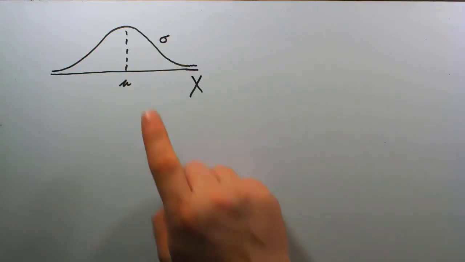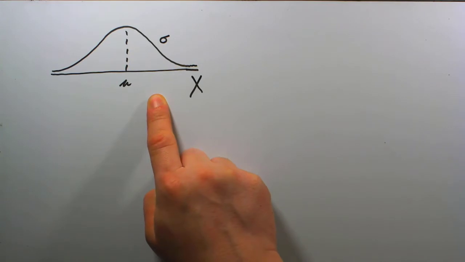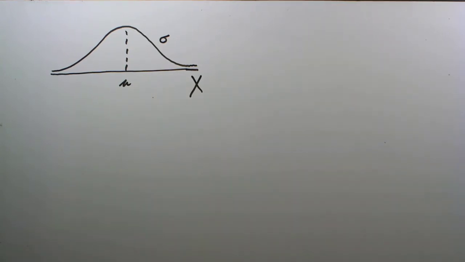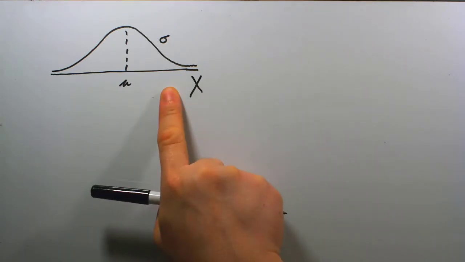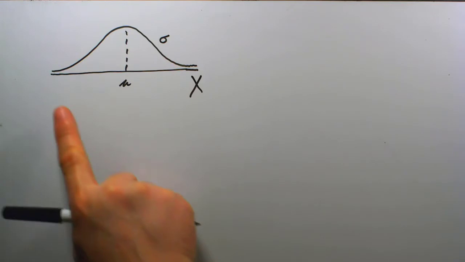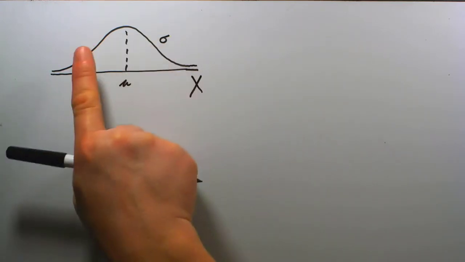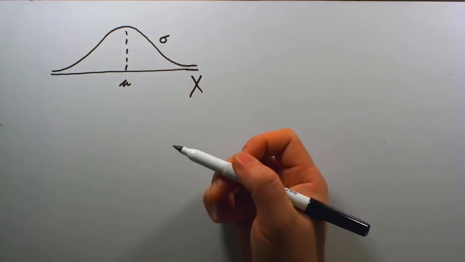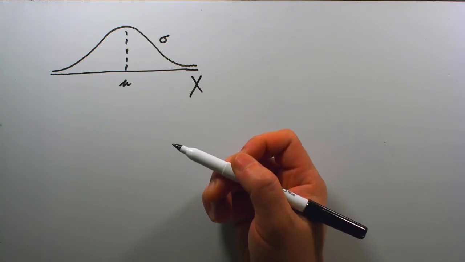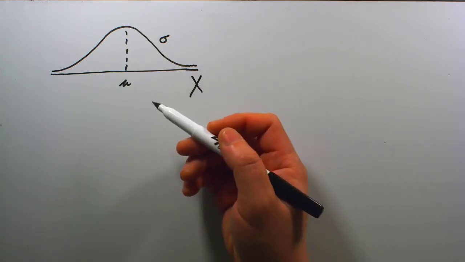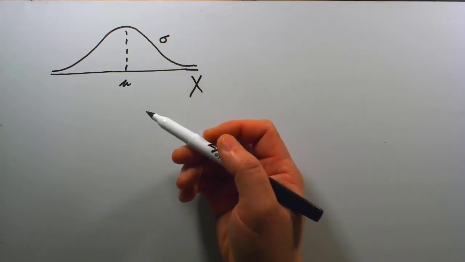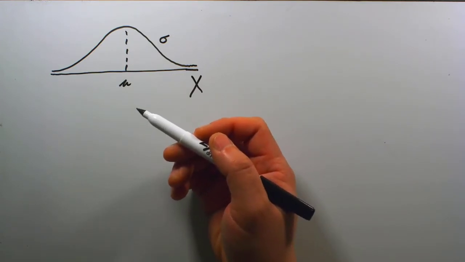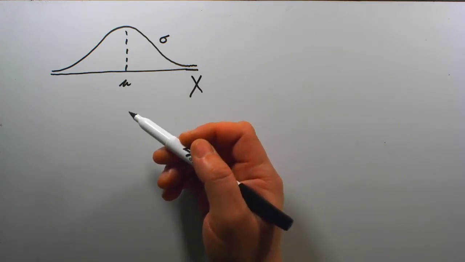All right, so now that we are no longer on a standard normal distribution bell curve, this general normal distribution bell curve that we're looking at here still has a very close relationship with the standard normal distribution that we have studied carefully.